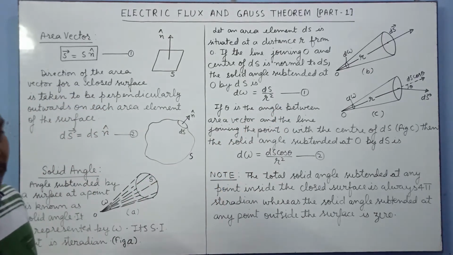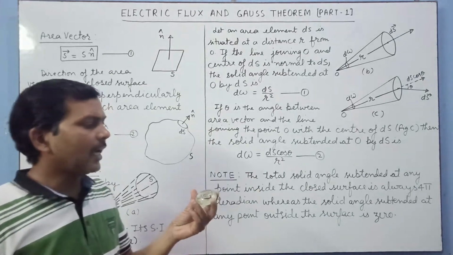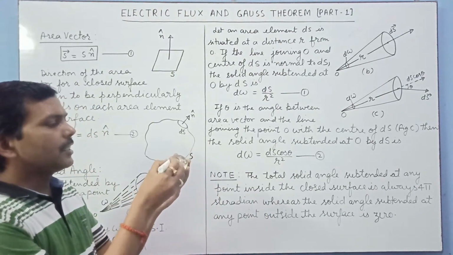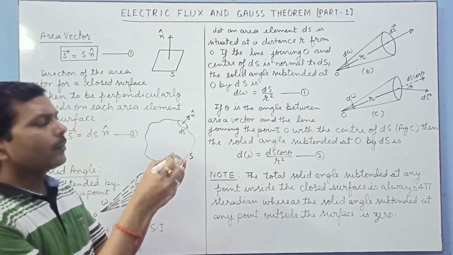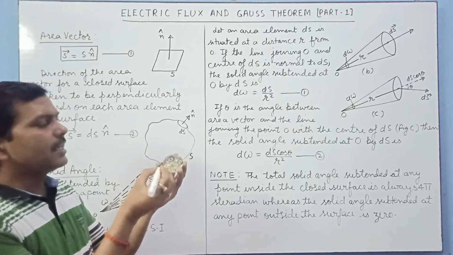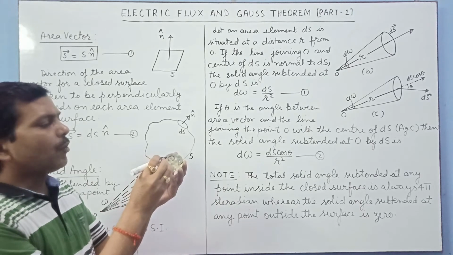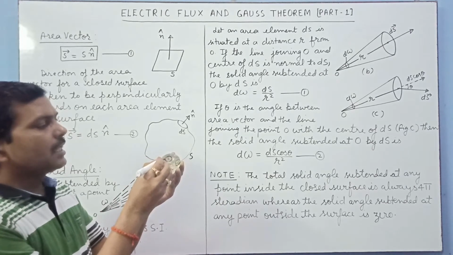Suppose again I am considering this element, this is area element, and there is a point inside this surface. Join that point with the boundaries of these lines.